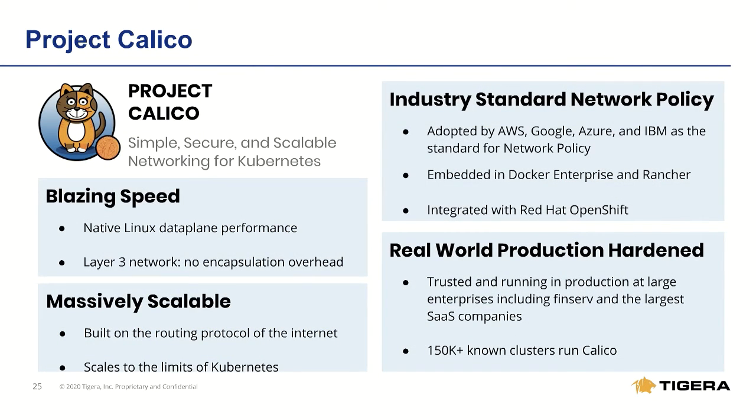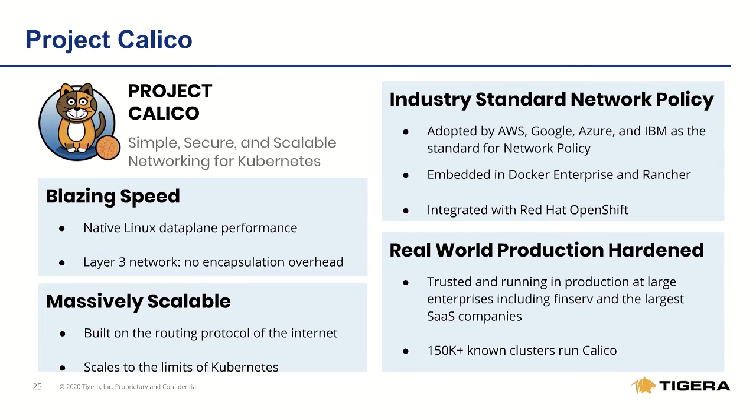Now, Calico Essentials is, of course, built around Project Calico. And Project Calico is the best networking and network security open source product that's available on the market today. It's blazingly fast. It uses a native Linux data plane. It has bare metal performance.